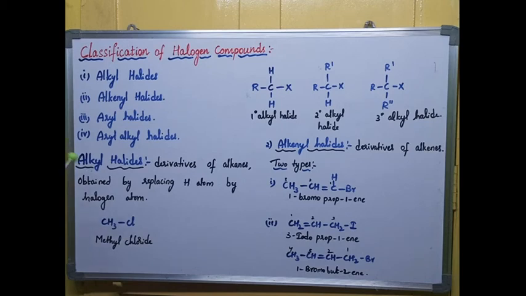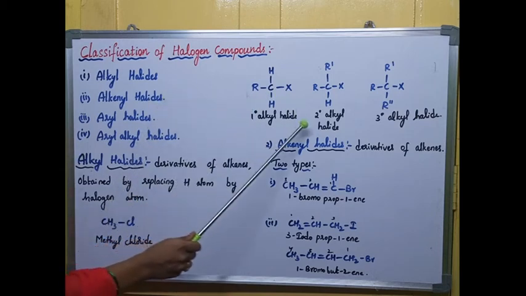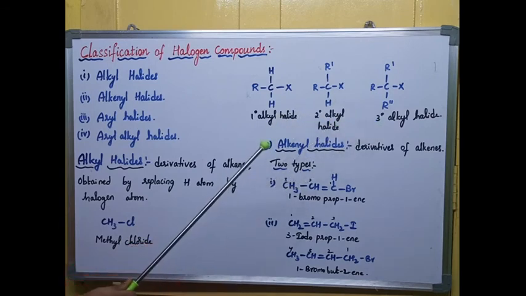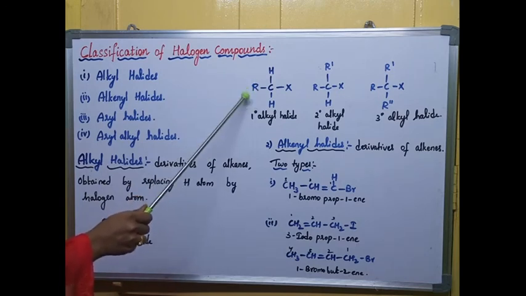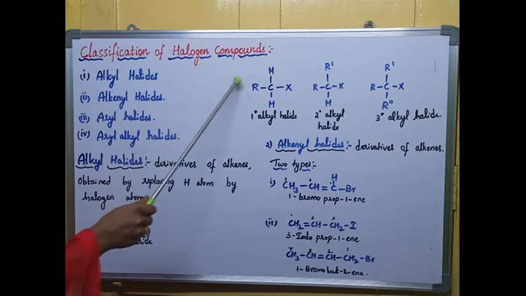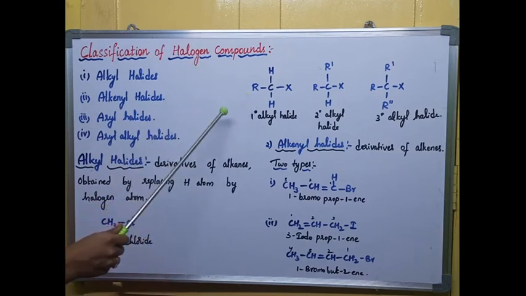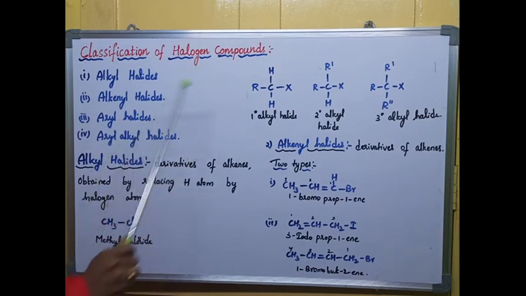Next, let us see the classification here. Alkyl halides are divided into 3 main types: primary, secondary, and tertiary alkyl halides. What is a primary alkyl halide? In the 3 hydrogen atoms of this alkyl halide, if any one hydrogen atom is replaced with an R group, R being any alkyl group, then it is called a primary alkyl halide.